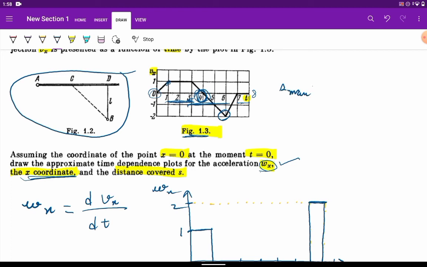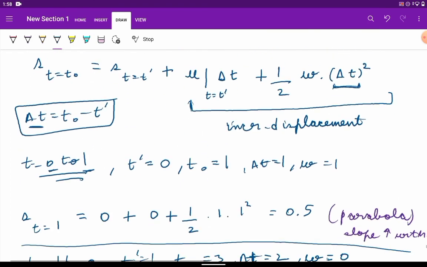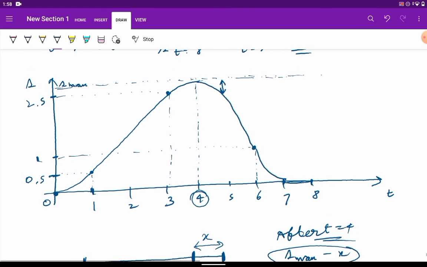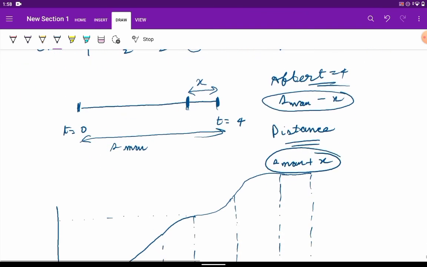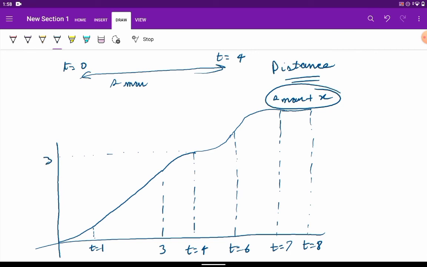This is the area of a trapezoid: half into height 1 into a plus b, which is 4 plus 2, so this becomes 6 by 2, which is 3. So S max is equal to 3.